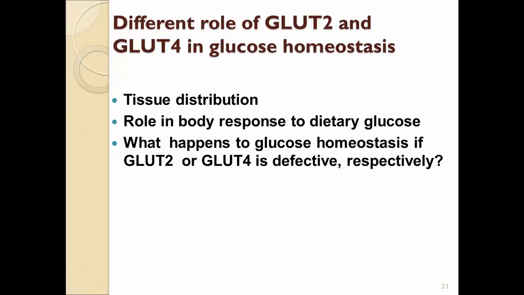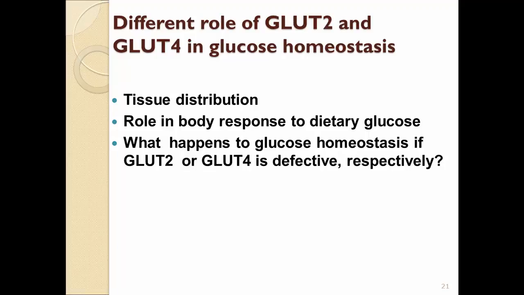And the role in the body's response to dietary glucose. For example, under fed condition, when we eat food, let's see how GLUT2 plays a role in regulating glucose metabolism after a meal. What happens to blood glucose level after a meal? Increase, right?